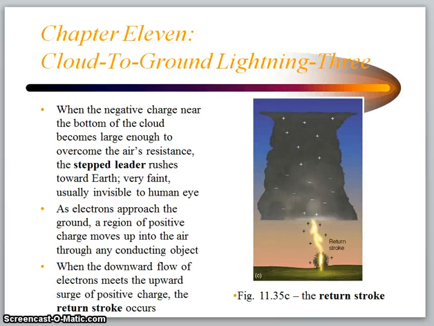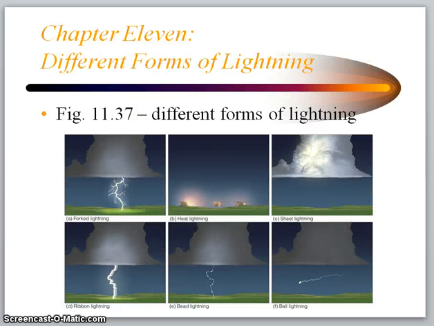But the most visible is called the return stroke. When the downward flow of electrons meets the upward surge of positive charge, then the return stroke occurs. And as we say, it can be cloud to air, or cloud to ground. About 20% of all lightning is cloud to ground lightning, and that's the stuff that can kill you, so you don't want to be near a lone object.